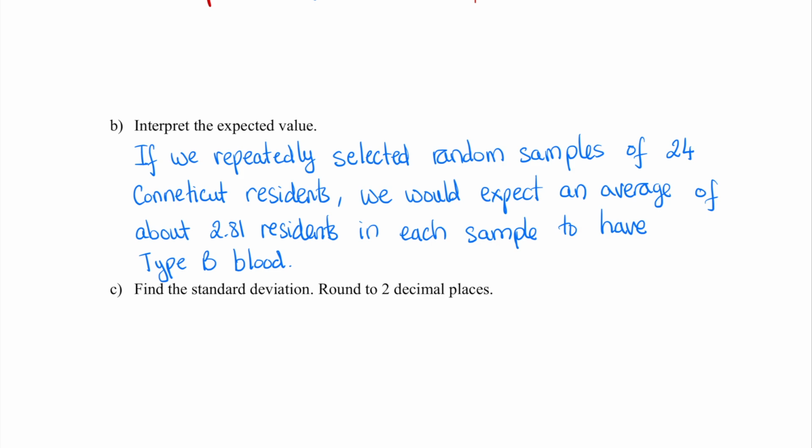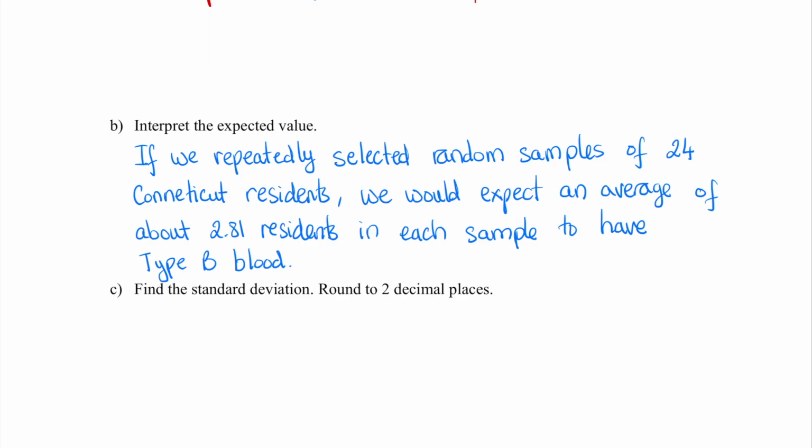Notice that the expected value is not a prediction that exactly 2.81 people will have type B blood. People come in whole numbers. Instead, 2.81 represents the average number we would expect over many samples.